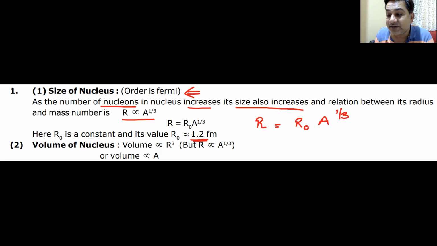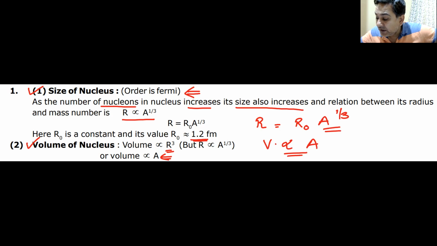Do we understand this? Two things you have to understand. Size of the nucleus is proportional to A raised to the power 1/3, and therefore the volume, 4/3 pi r cube, we assume it to be spherical. The volume will be proportional to r cube, so volume V will be proportional to the mass number A. Do we understand this?